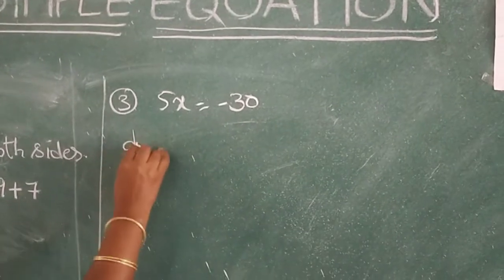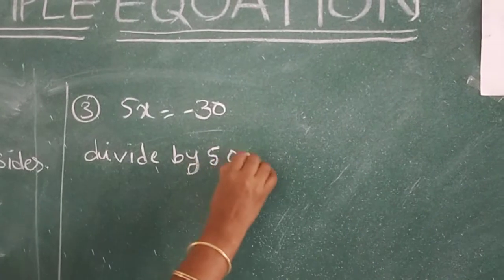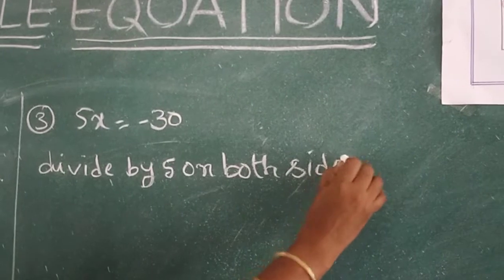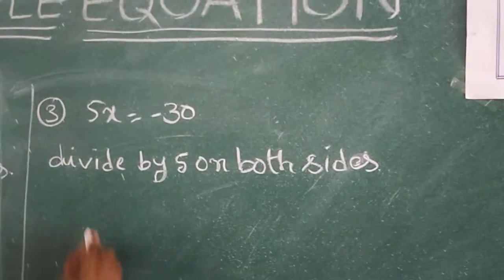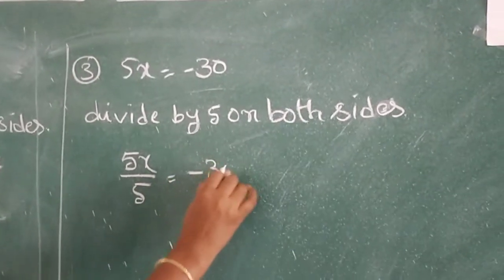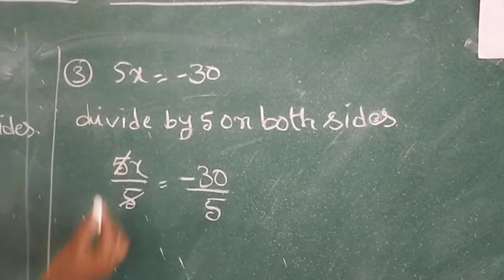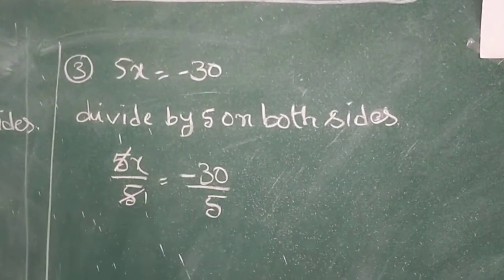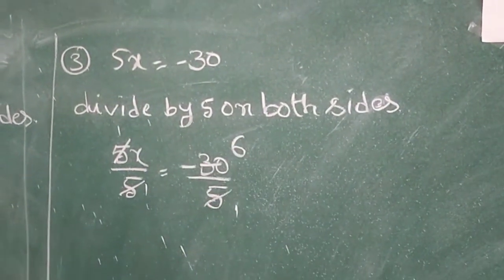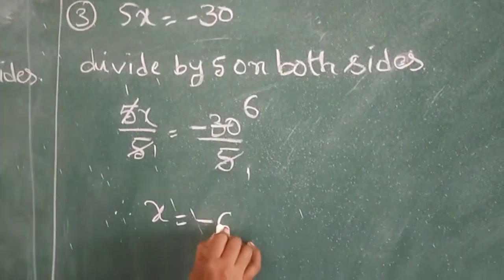Divide by 5 on both sides. 5x by 5, minus 30 by 5. 5 ones are 5, 5 sixes are 30. So x is equal to minus 6.